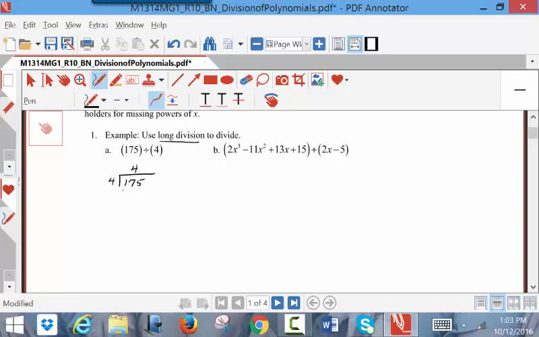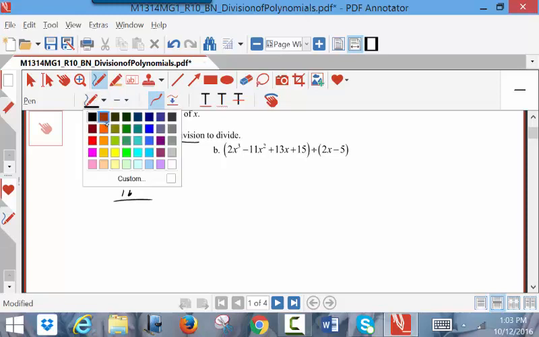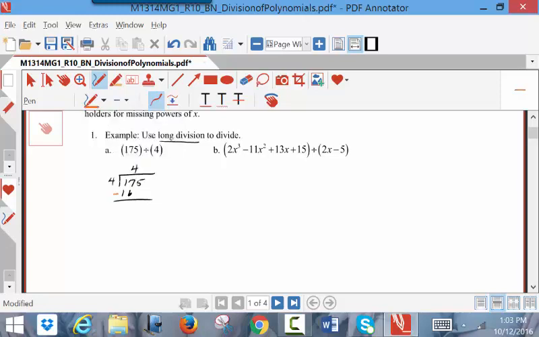Then 4 times 4 is 16, and oh yeah, I'm supposed to subtract at this point. You were told many times by your teacher, don't forget to subtract those numbers. Then you're supposed to bring the 5 down. I don't know why, but I do.